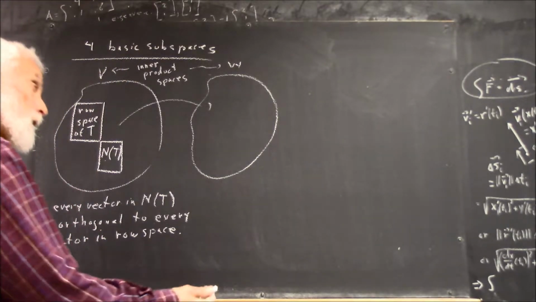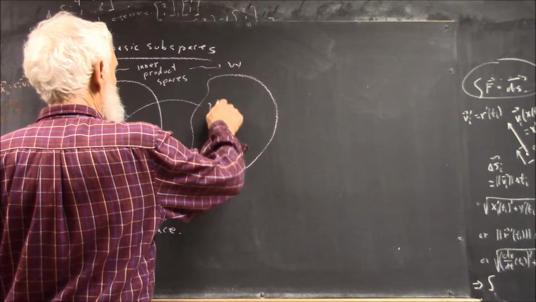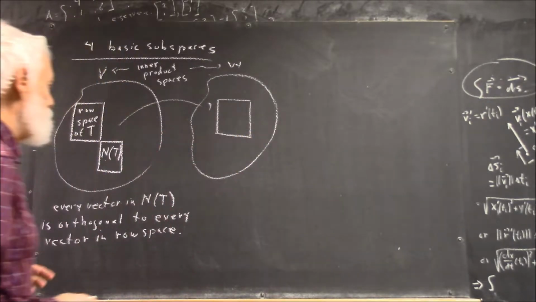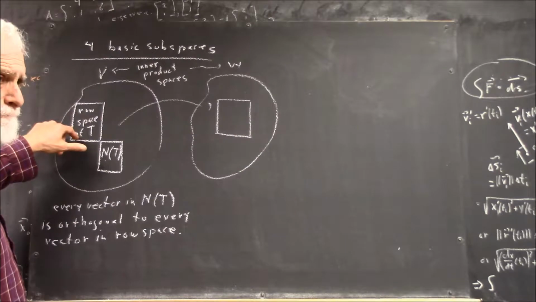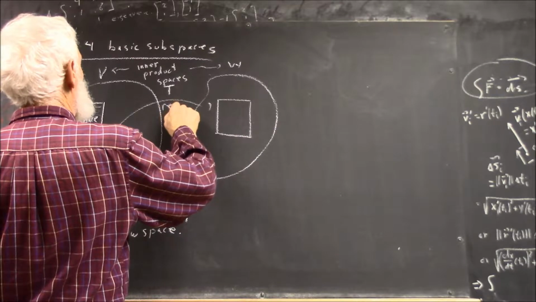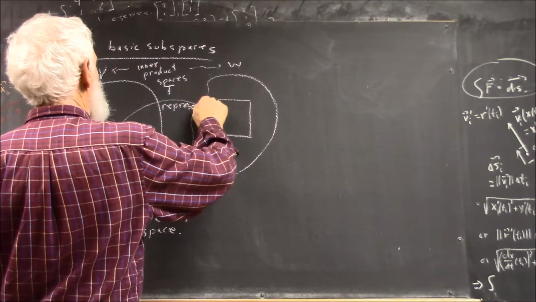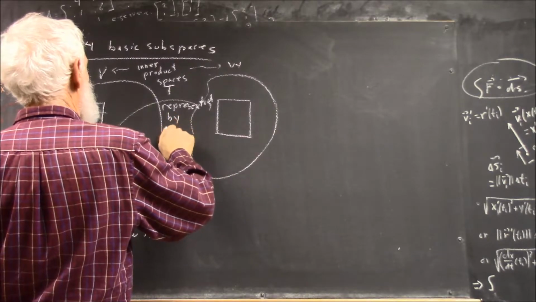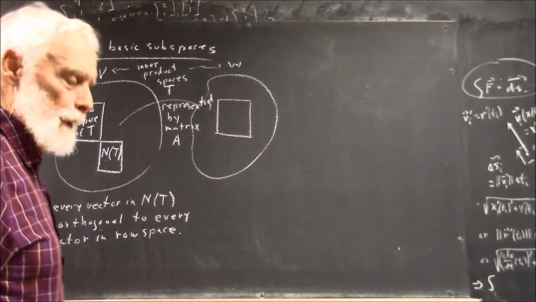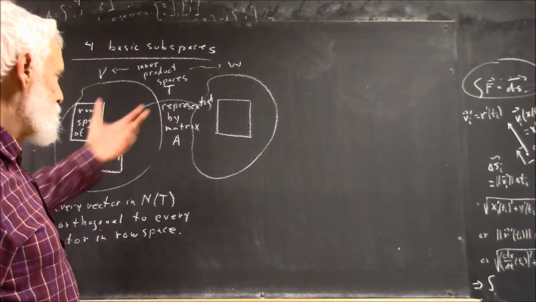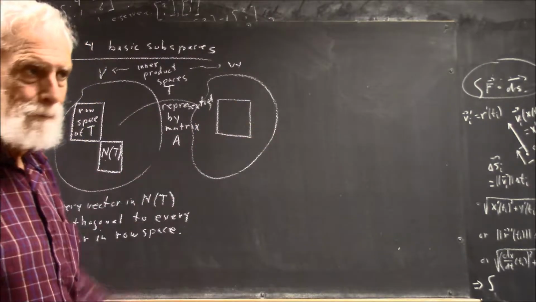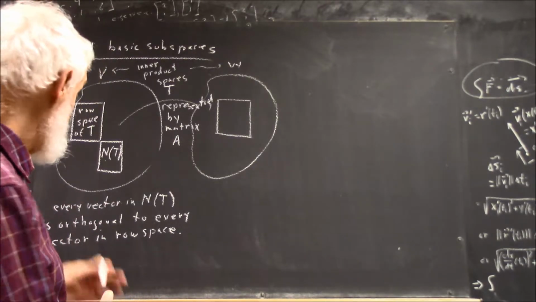Well, over here, we get the column space. I'm doing this in terms of the transformation T, and it's represented by matrix A relative to some basis of this space and some basis of this space. In practice, so far, it's been the standard basis of Euclidean space, but it doesn't have to be.